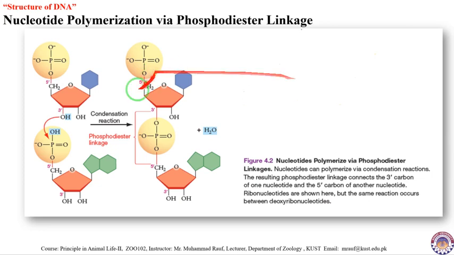So here you can see two nucleotides. They come together, and in this reaction a water molecule is released and a phosphodiester linkage is established. The bond between the phosphate group and pentose sugar in DNA is called phosphodiester linkage. It's a condensation reaction, and a water molecule is released.